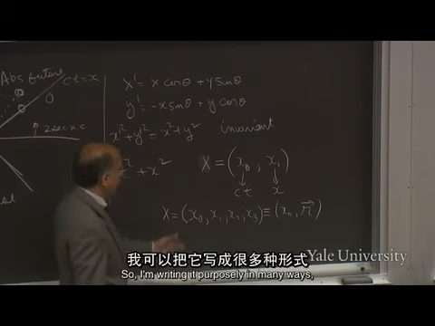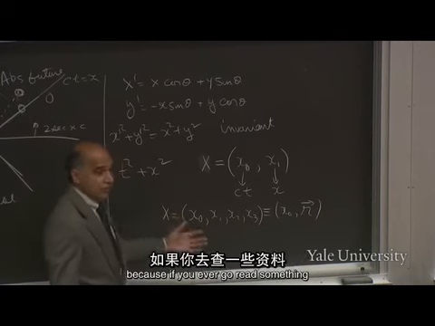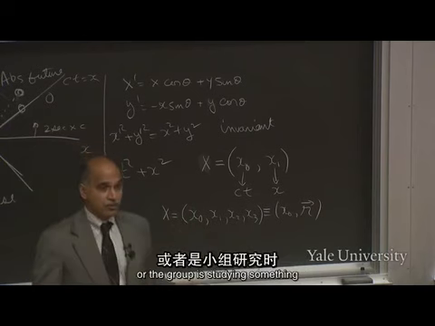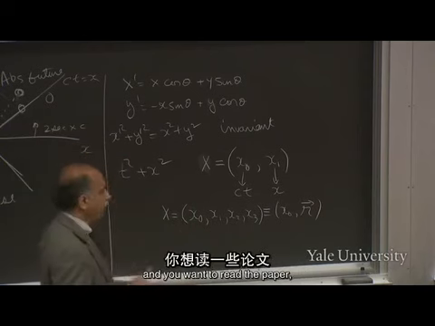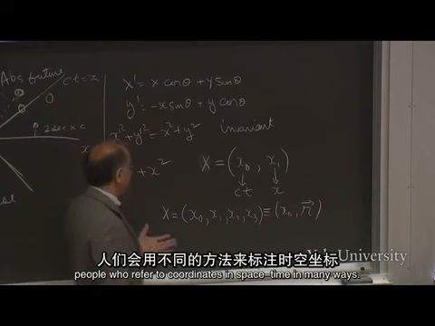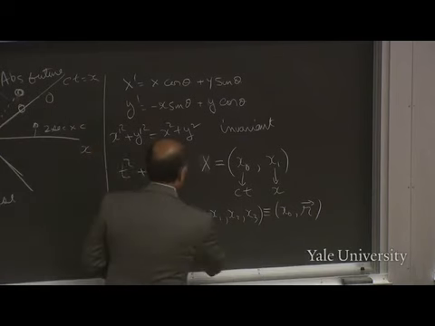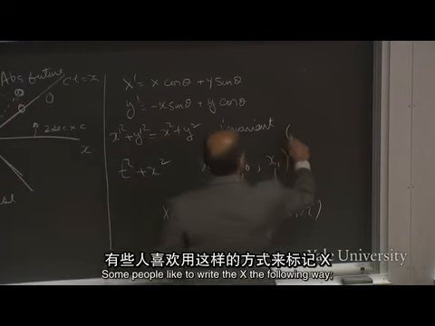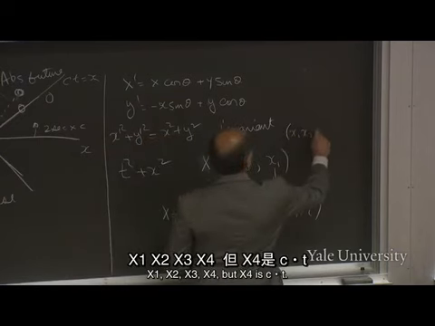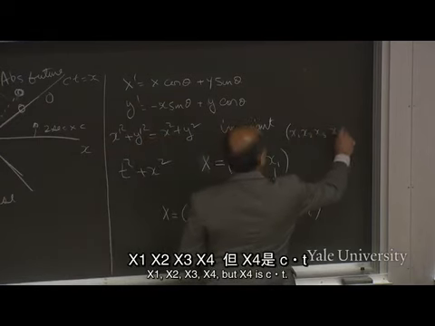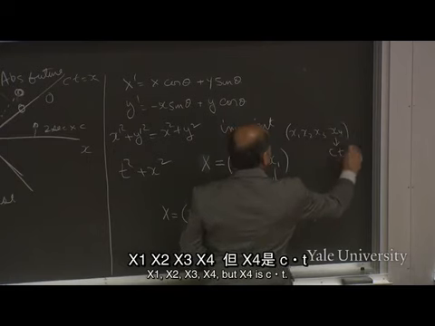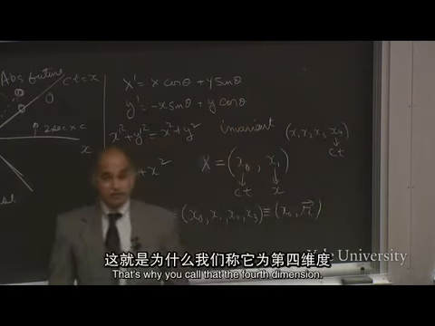So I'm writing it purposely in many ways because if you ever go read something or you're involved in a lab project or the group is studying something, you want to read the paper, people will refer to coordinates in space-time in many ways. Some people like to write x1, x2, x3, x4, where x4 is ct. That's why you call that the 4th dimension.